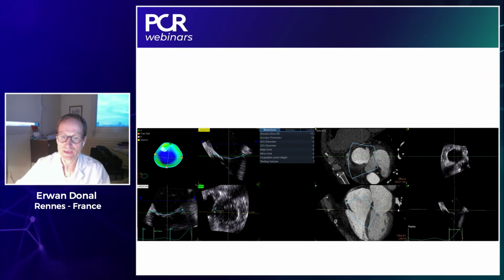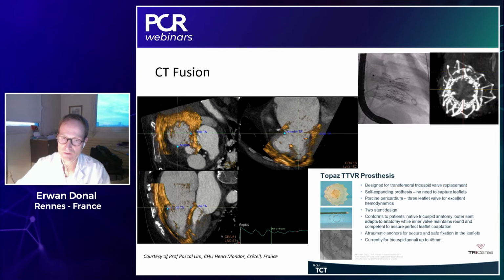And you see that we can use both the CT and the echo to measure this annulus using the 3D capabilities of your echo machine. You can combine the CT and the 3D echo to best assess the anatomy of the tricuspid annulus, but also of the right ventricle and the tricuspid valve.